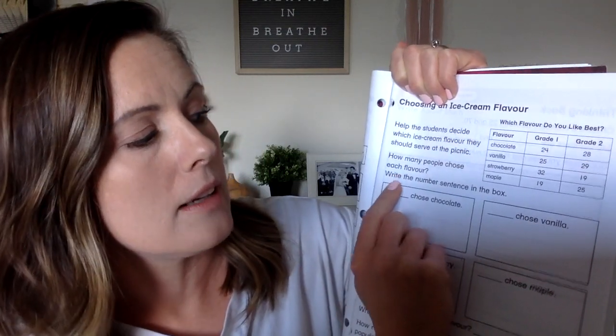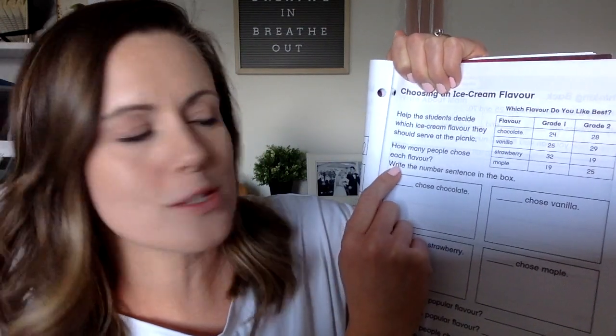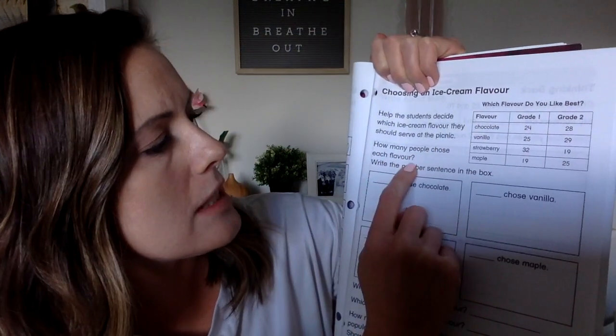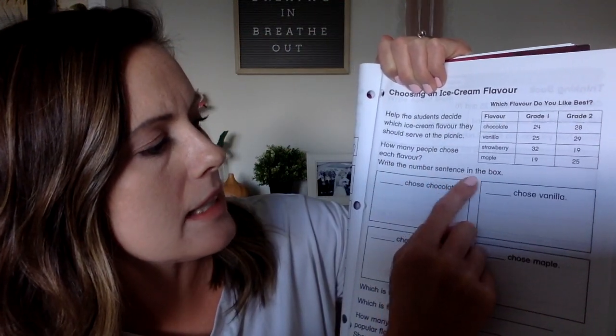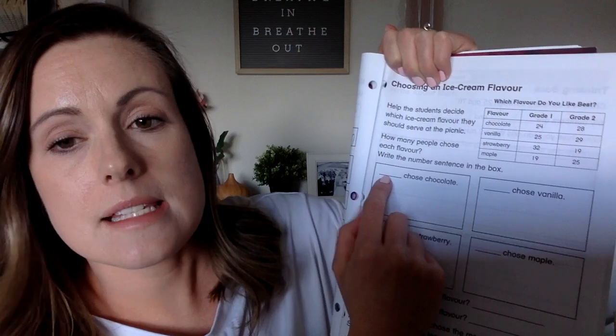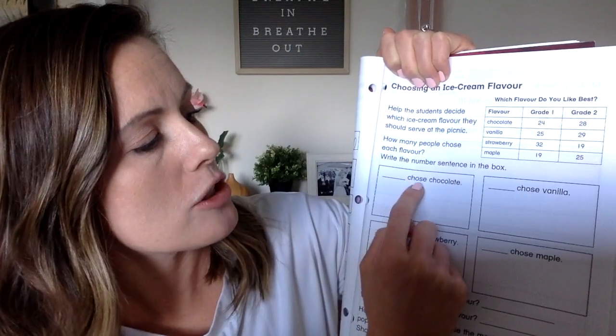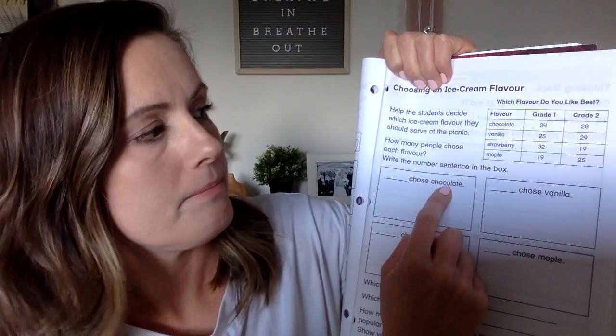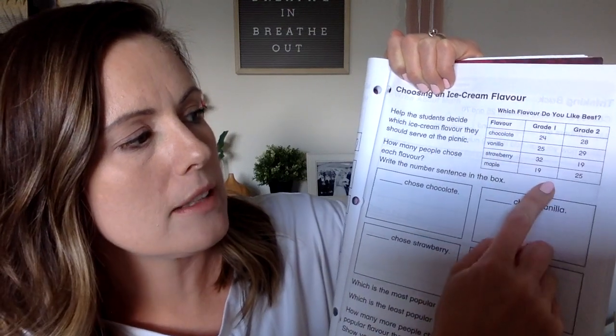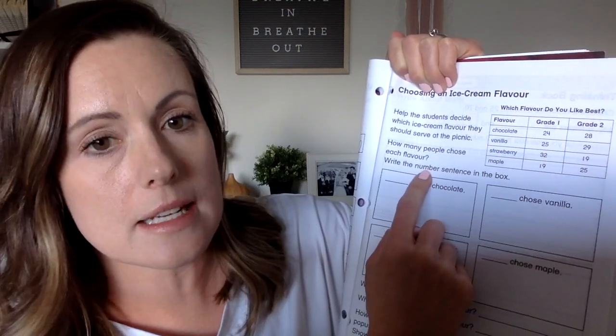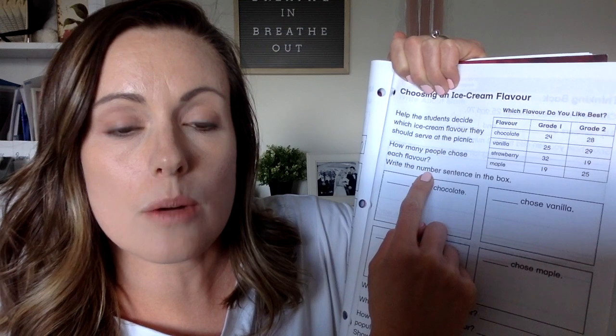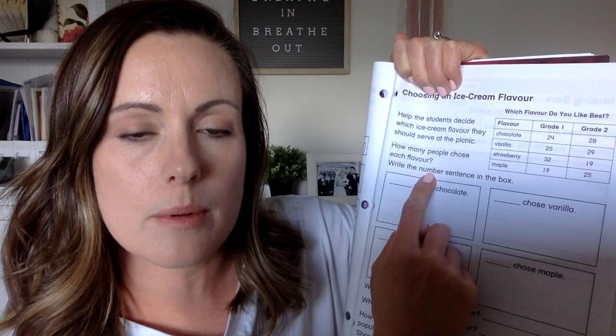So let's look at our first question. How many people chose each flavor? Write the number sentence in the box. It says blank chose chocolate. So using this information, you're going to show a number sentence. You need to choose the correct operation. Remember, we talked about that before.